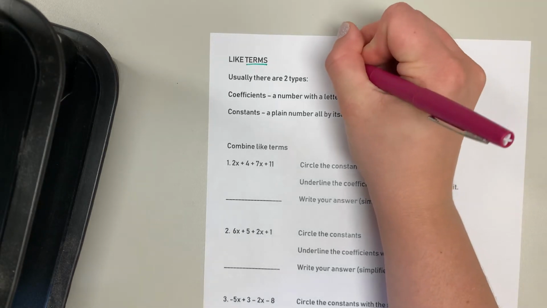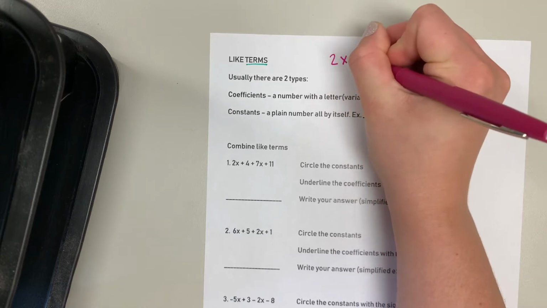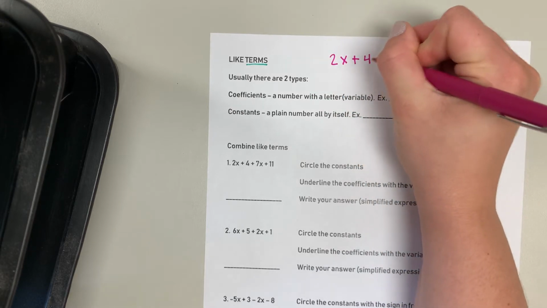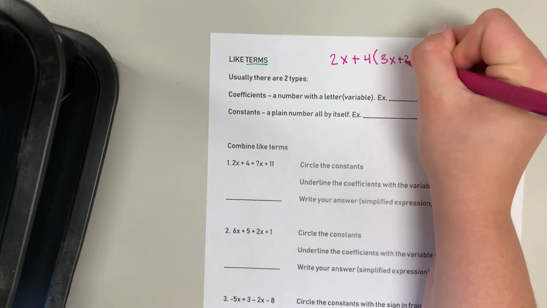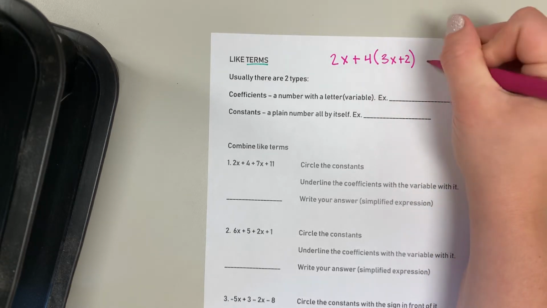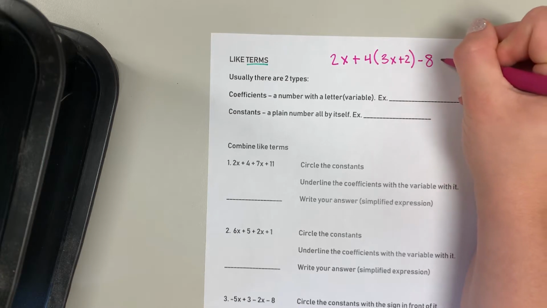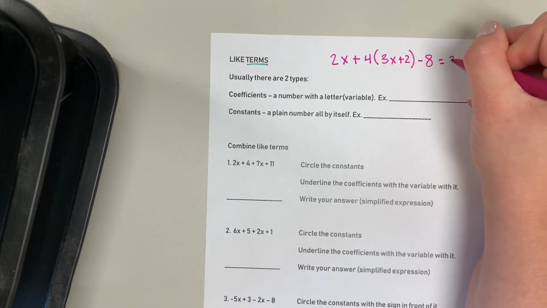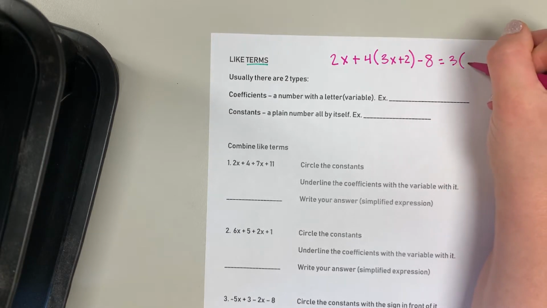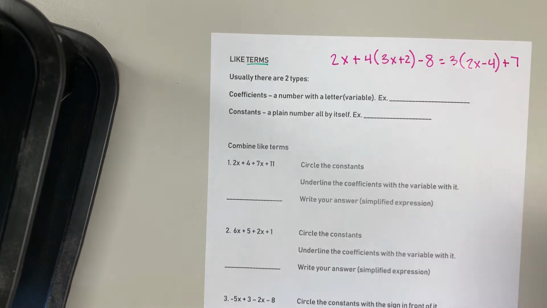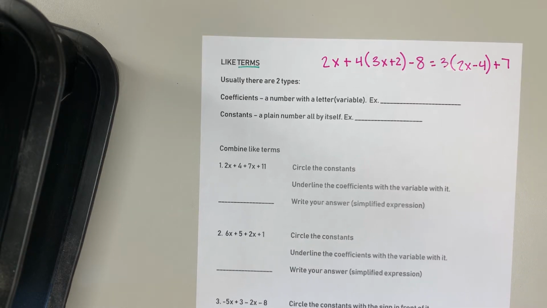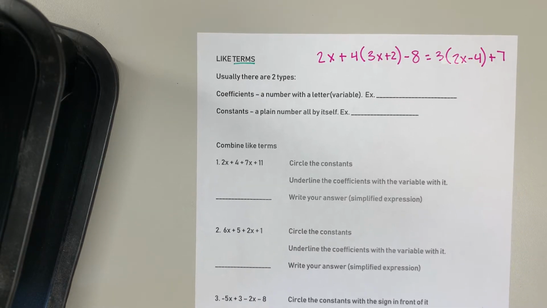So let's write down 2x plus 4, open parentheses, 3x plus 2, close parentheses, minus 8 equals 3, open parentheses, 2x minus 4 plus 7. So a big long equation up there. But we're not going to work this equation out. We're just looking to figure out the terms.